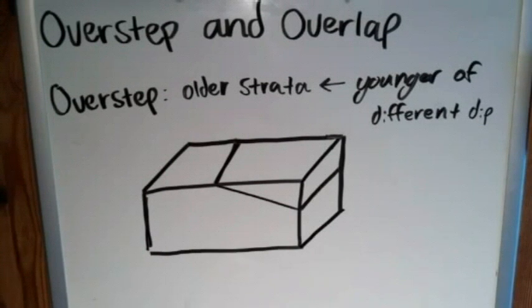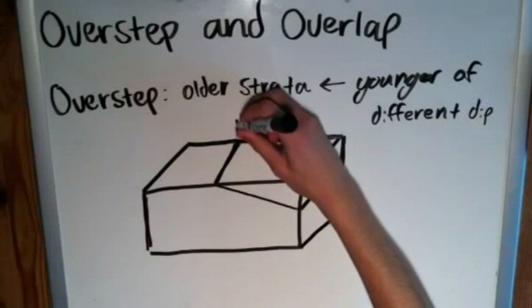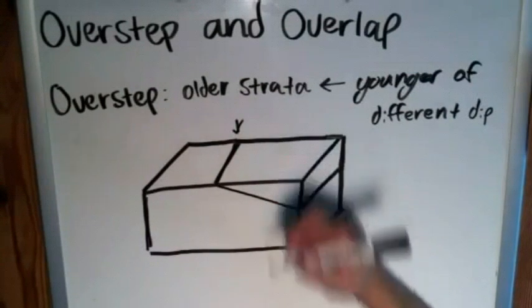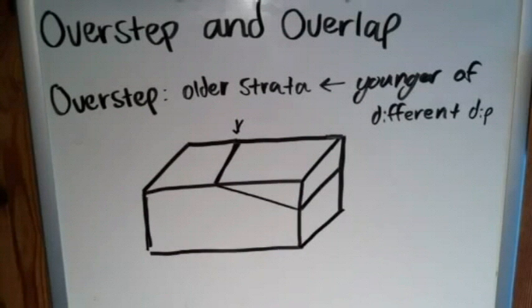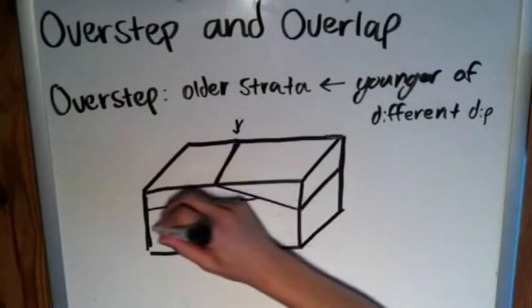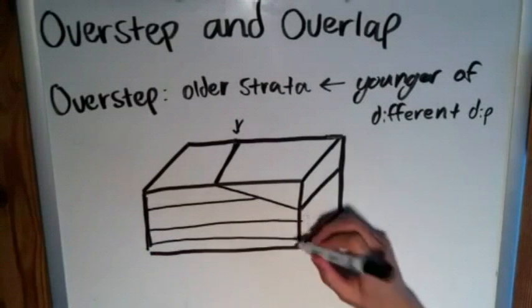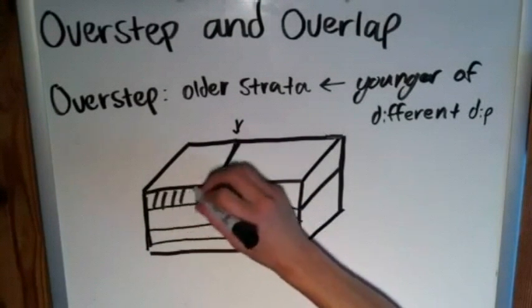And what this looks like, you kind of have to look at it in 3D. You can't just use a two-dimensional cross-sectional diagram. So I've got this block diagram here set up. And this piece right here, this is where our overstep is going to be. That line right there. And let's just say we've got some layers here down in the ground. Give them slightly different looks.